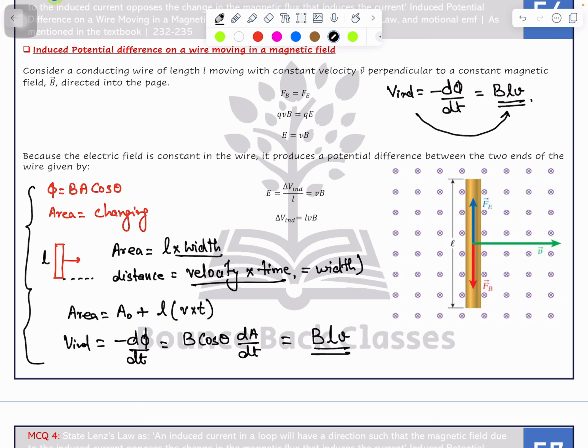If you understand, that is fine. If you don't understand, you can just remember the formula, and use it whenever you see any wire moving in the magnetic field. Is it fine? So guys, this is the major thing on which you need to focus.